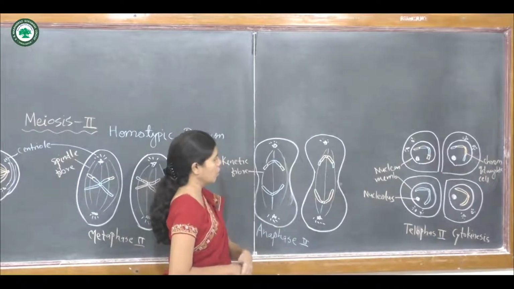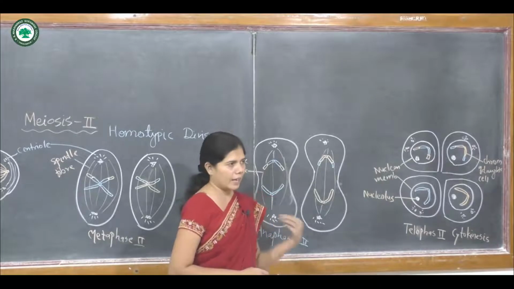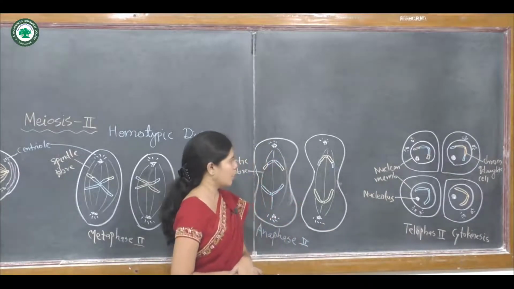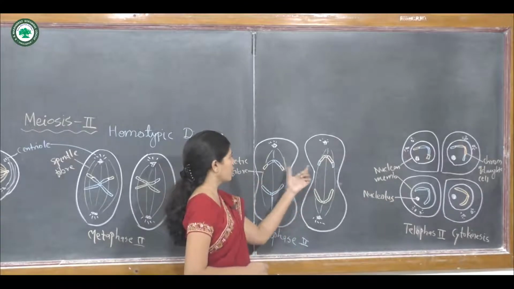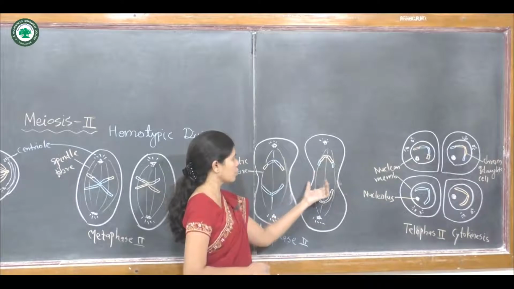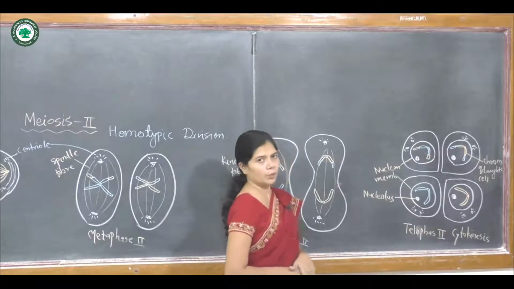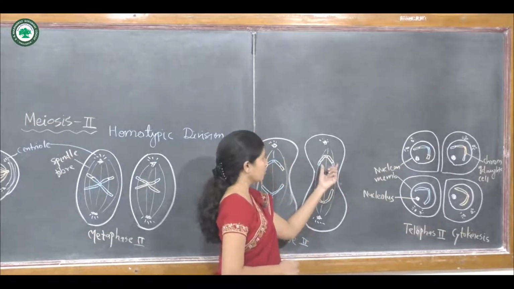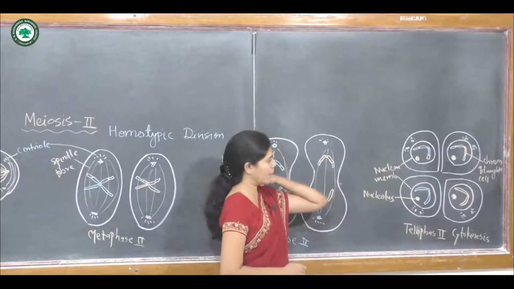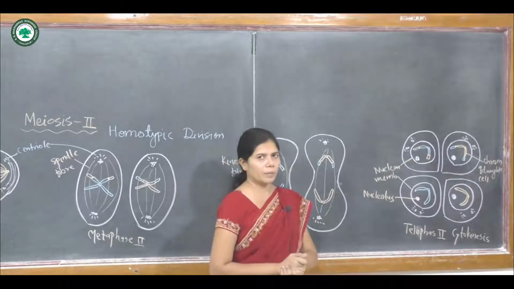They undergo the process of telophase II. At the telophase II stage, the 4 daughter chromosomes are arranged in 4 nuclei, meaning the chromosomes are uncoiled and surrounded by the nuclear membrane, and the nuclear membrane reappears.